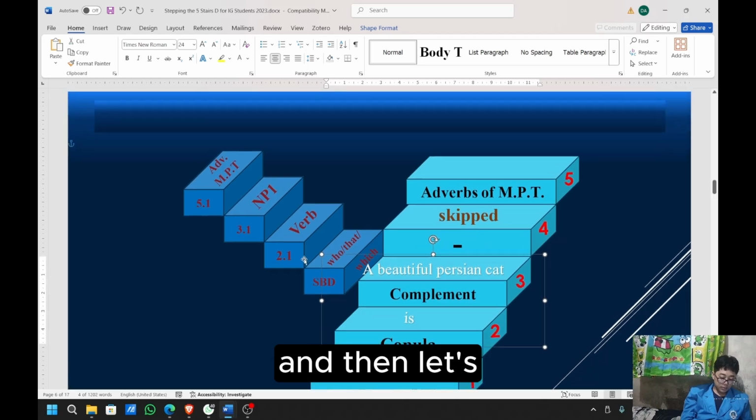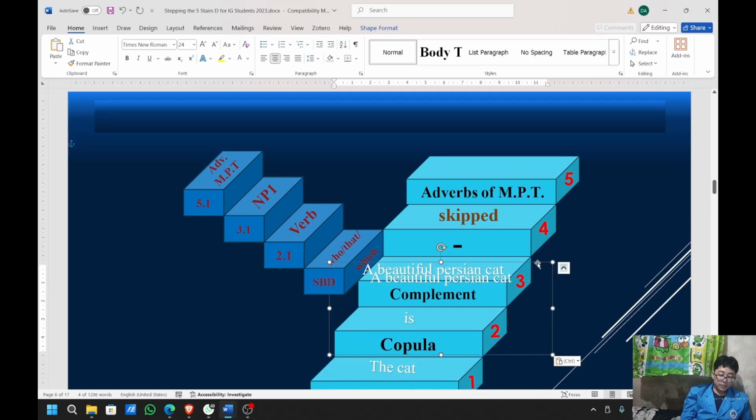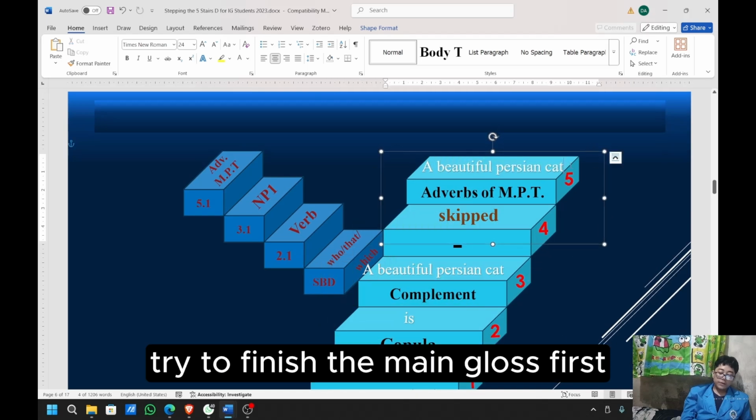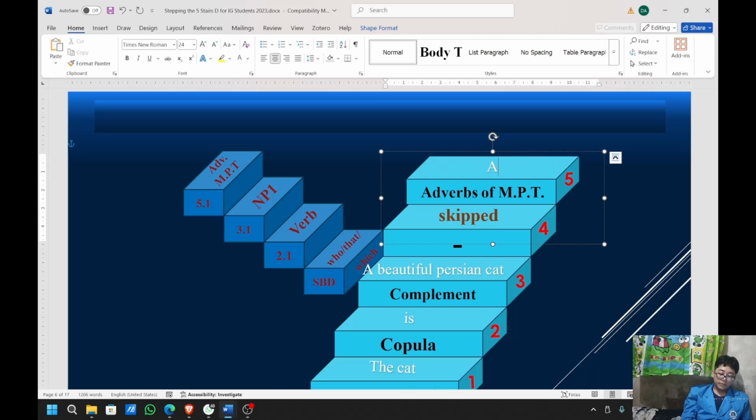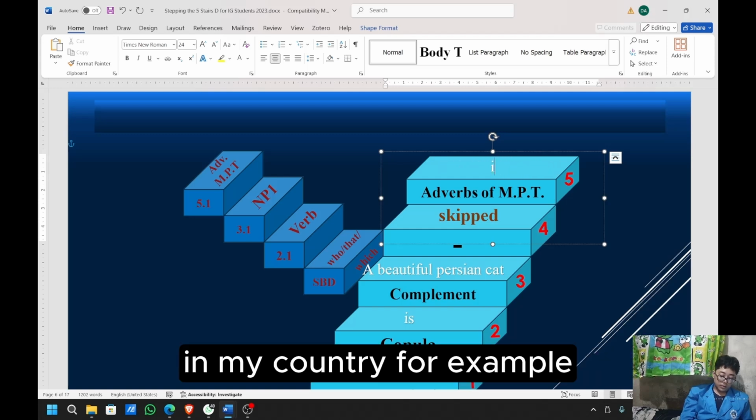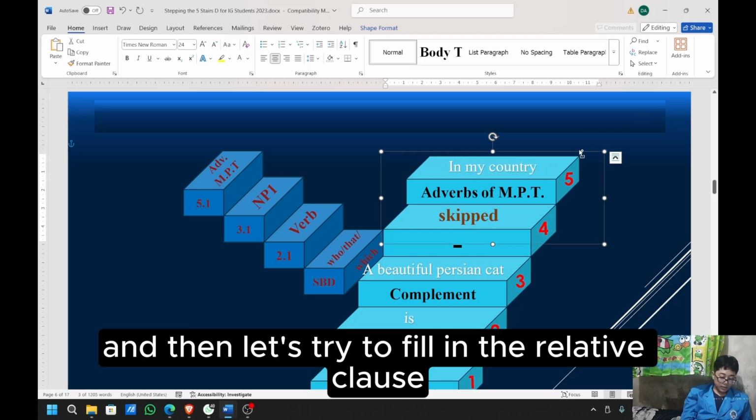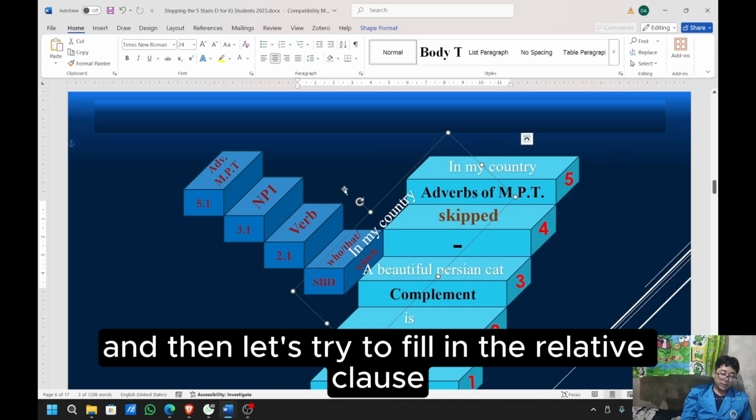And then let's try to finish the main clause first: in my country, for example.